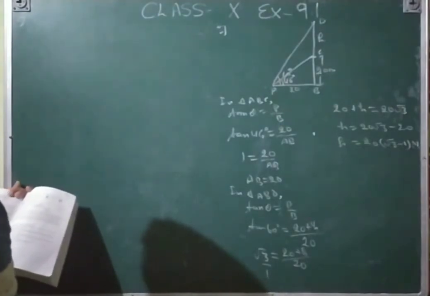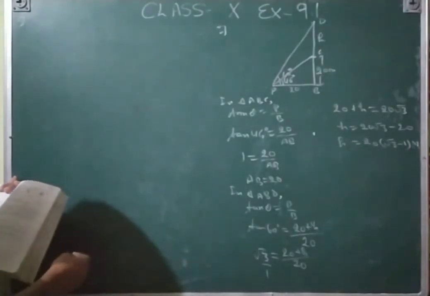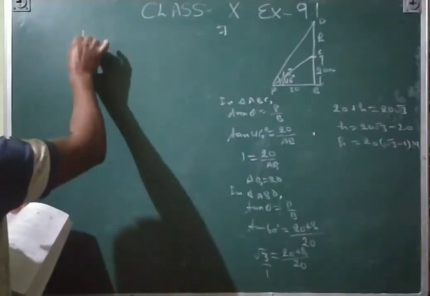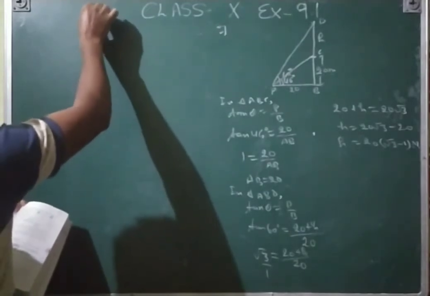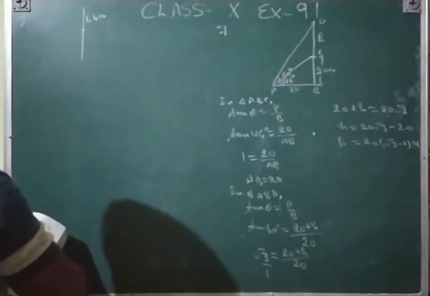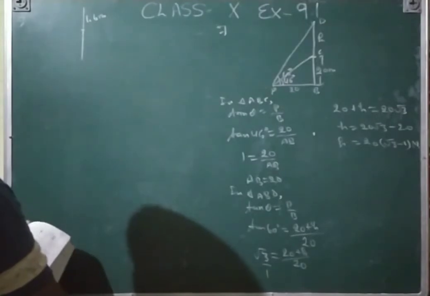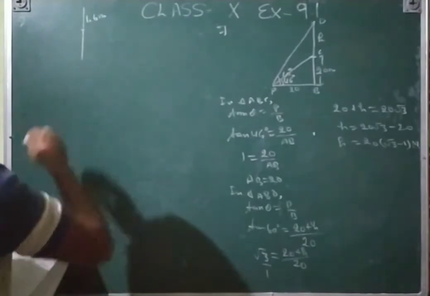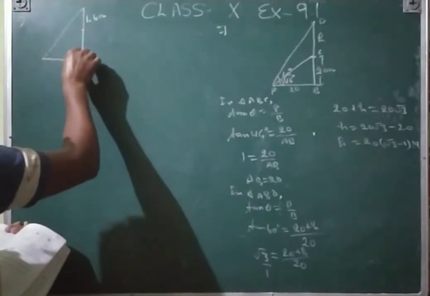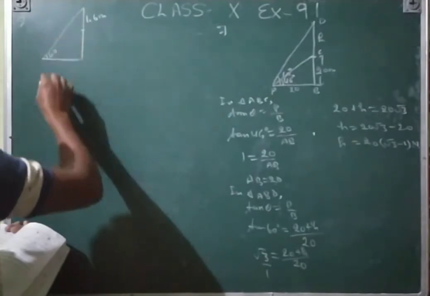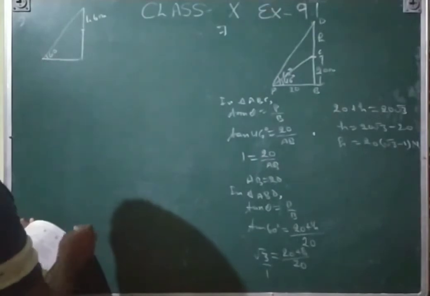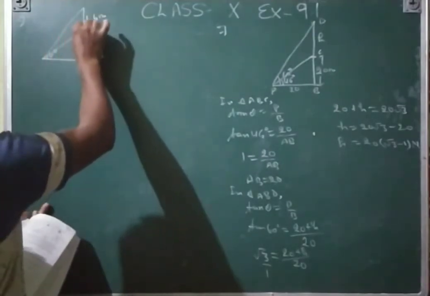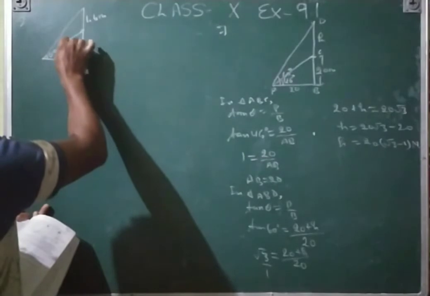A statue 1.6 meter tall stands on the top of a pedestal, like this. This is the pedestal and this is the statue. That is 1.6 meters. From a point on the ground, the angle of elevation of the top of the statue is 60 degrees. And from the point on the ground, the elevation angle of the top of the pedestal is 45 degrees.